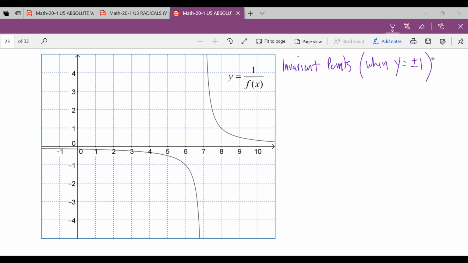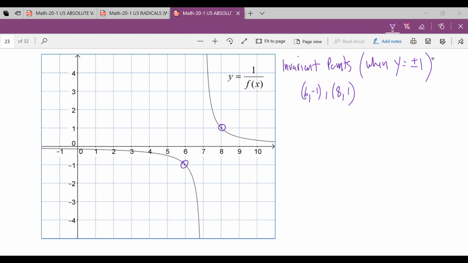Here is y equals plus 1, and here is y equals negative 1. So we could very easily find our two invariant points, and let's just state them. The one on the left is 6 comma negative 1, and the one on the right is 8 comma positive 1.